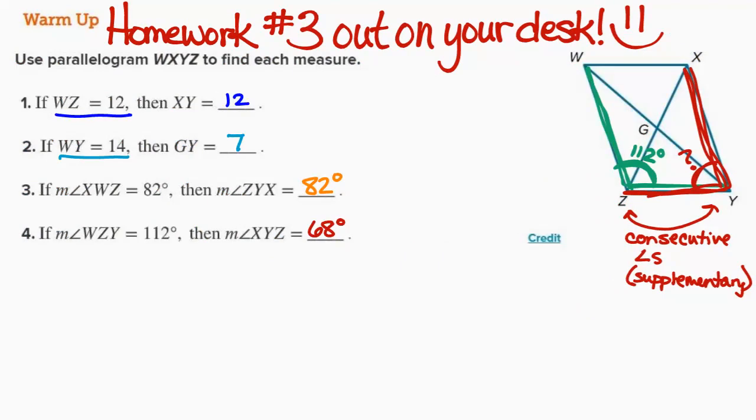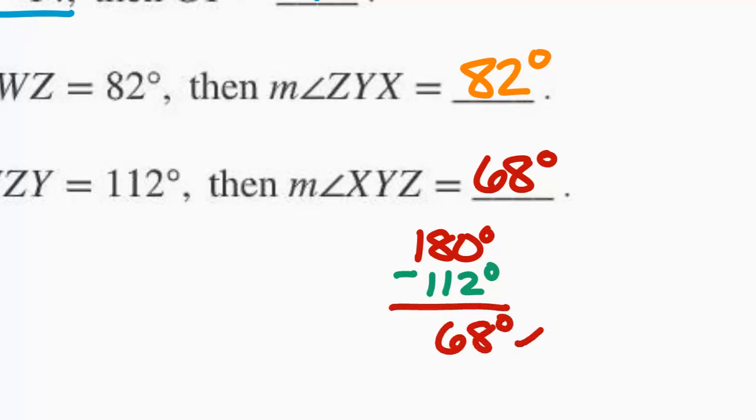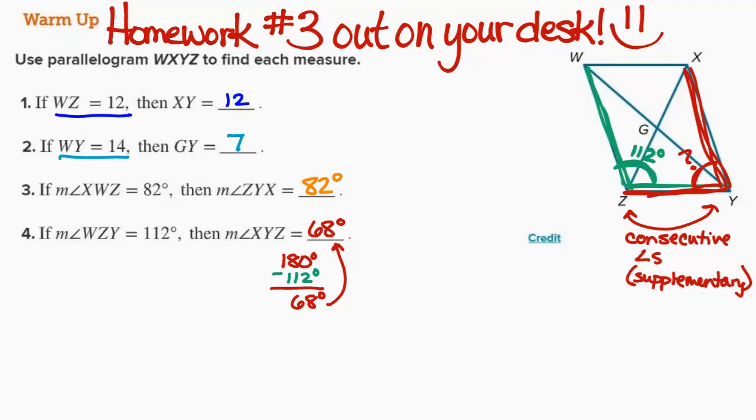So to find the measurement of angle XYZ, we have to take 180 degrees and we subtract 112 degrees. And that gives us 68. So opposite angles are congruent, but same side angles, consecutive angles, are supplementary. They add to 180.